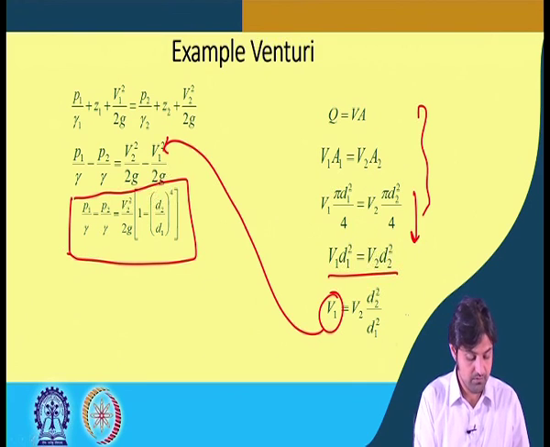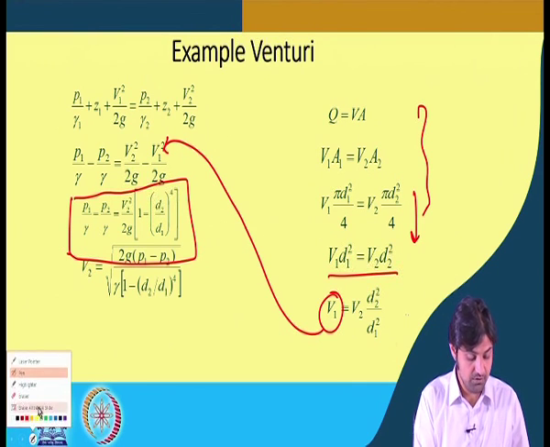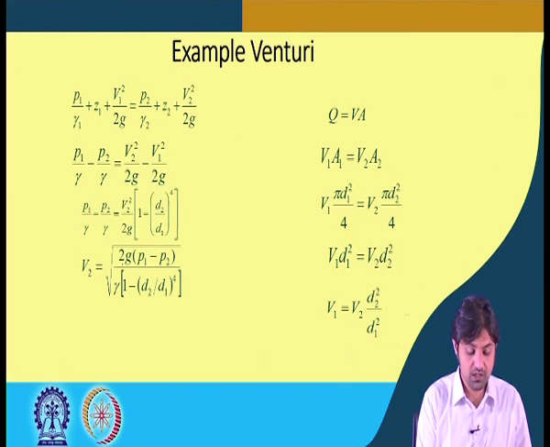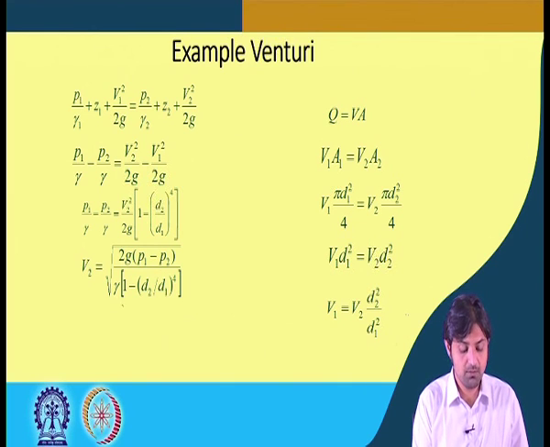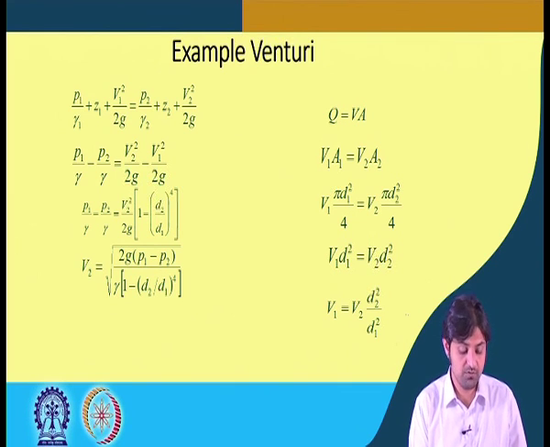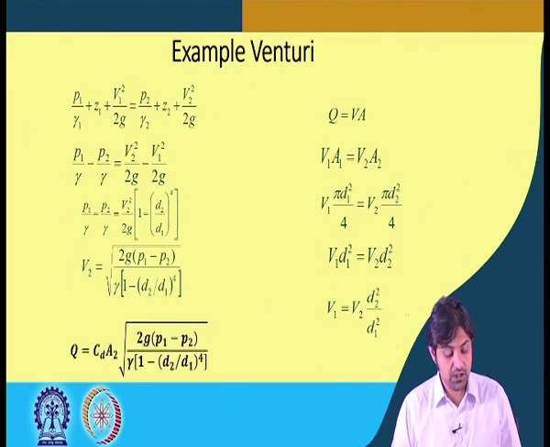Now, therefore on writing V2 we can get the square root of 2G (P1 minus P2) by gamma over 1 minus (D2 by D1) to the power 4, and Q, simply we multiply this with V1A1.